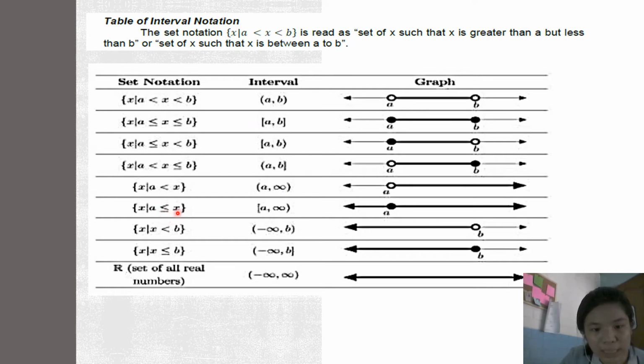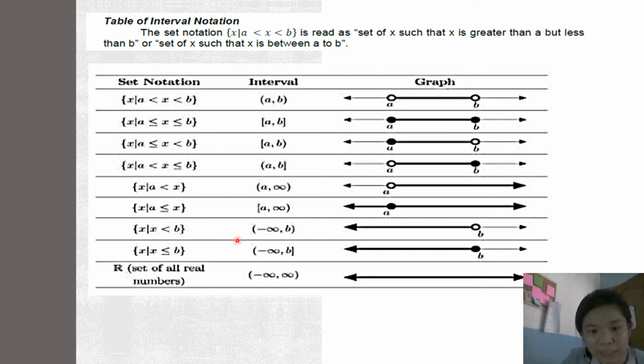How about yung pangalawa? May equal sign naman. Imbes na greater than A lang, greater than or equal to. So, imbes na open circle siya, magiging solid circle na siya. And parenthesis, bracket na. Yung next is, x is less than B. Mas mababa sa B. Kapag ganon, kapag yung x natin is mas mababa sa binigay na number, then isang number lang yung nakabigay, ayun, arrow na naman siya.